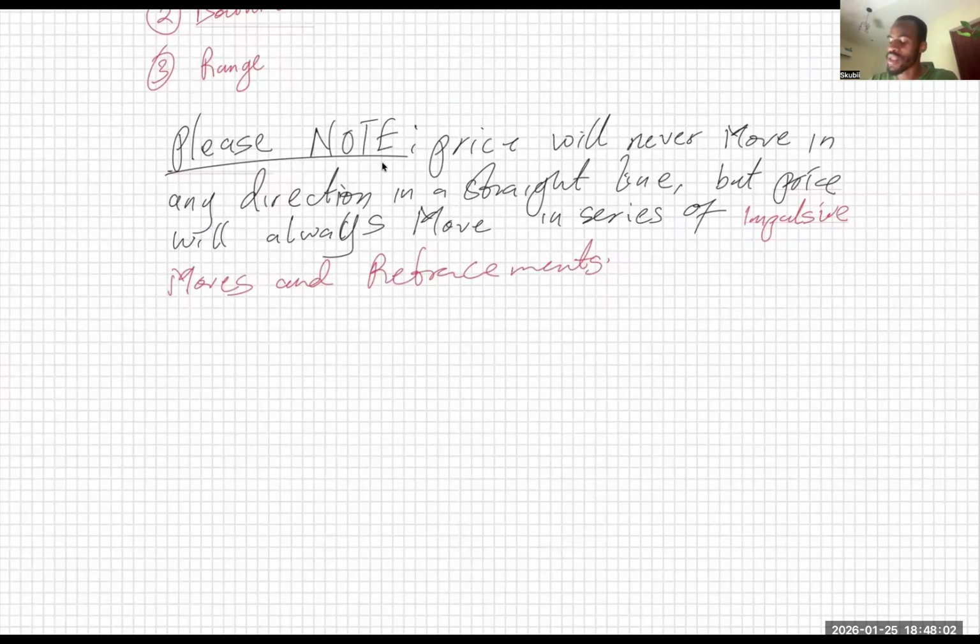Now, what are impulsive moves? Impulsive moves are strong moves in the direction of the trend.